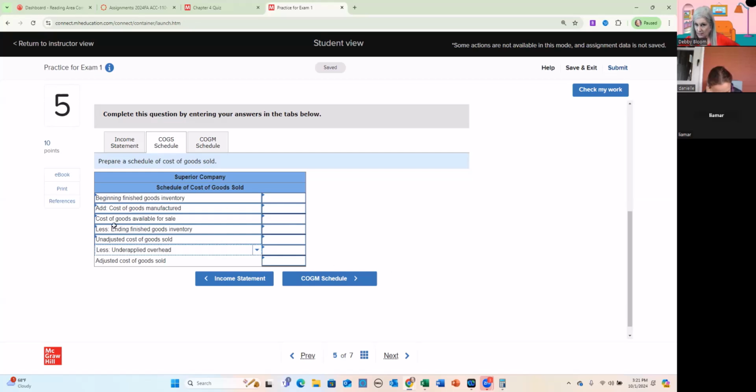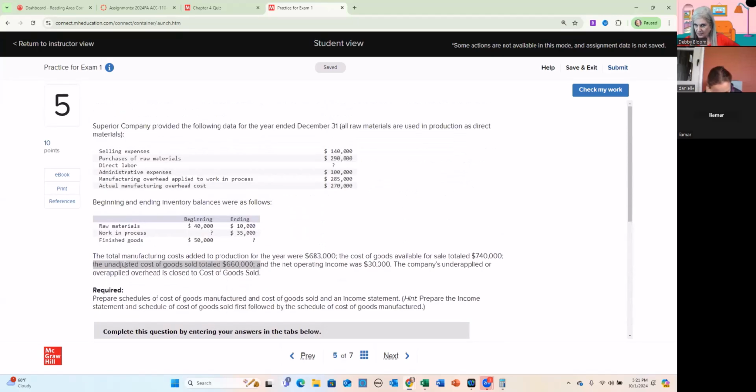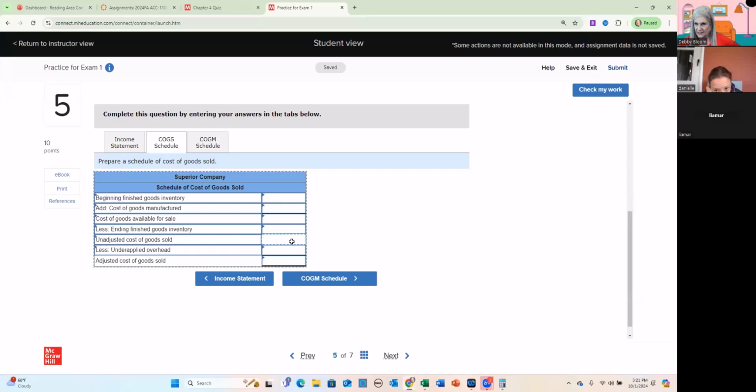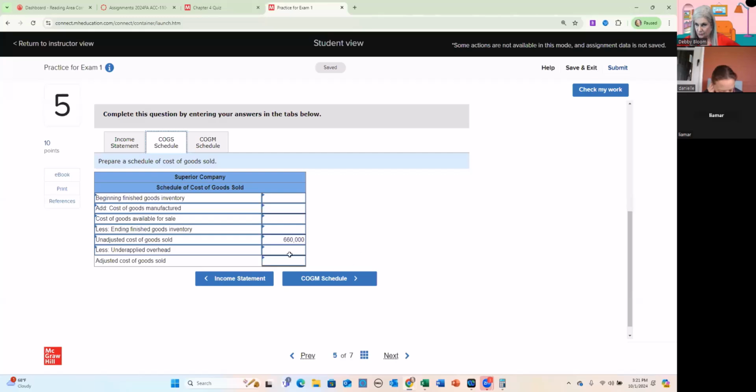So unadjusted cost of goods sold was given in the problem, right? Unadjusted cost of goods sold was $660,000. From the income statement, we know the adjusted cost of goods sold was $645,000. And we know that we had to subtract the $15,000.